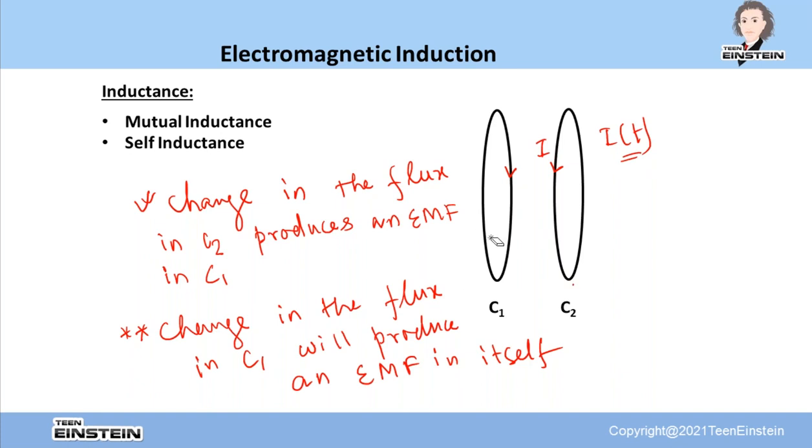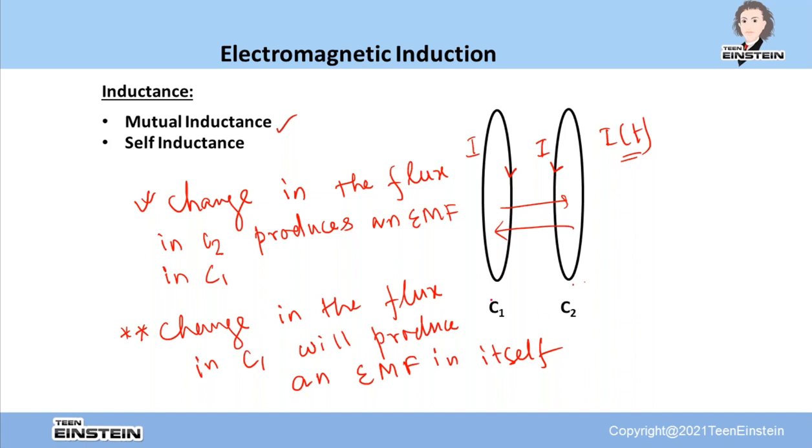So this is called mutual inductance. Or in the other way also it is true: suppose I pass a current in C1, it will induce an EMF in C2. So it can be this way or this way. This is called mutual inductance.